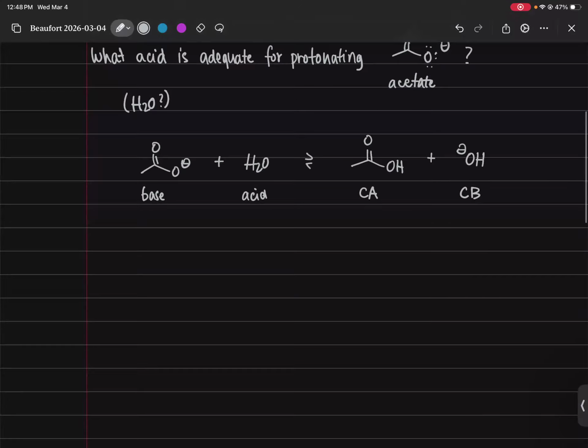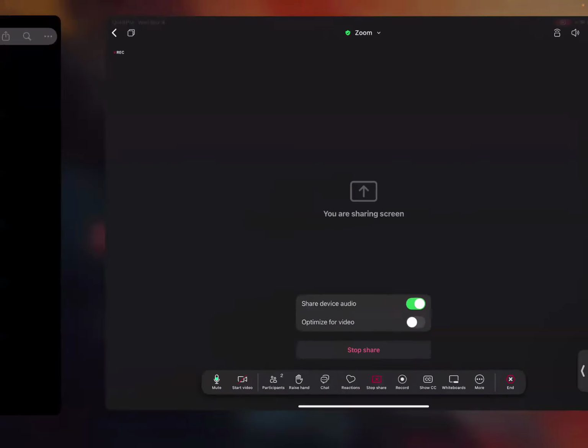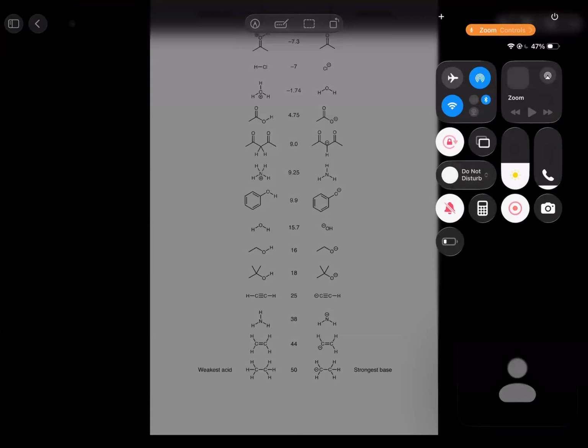So the first thing we want to do is try and use the pKa table. That's preferable to doing REO, mostly because you just look at the table and it tells you the answer. For pKa, the equilibrium is going to lie on the side with the weaker acid. So we need to look at our two acids, acid and conjugate acid, and then we need the pKa table.